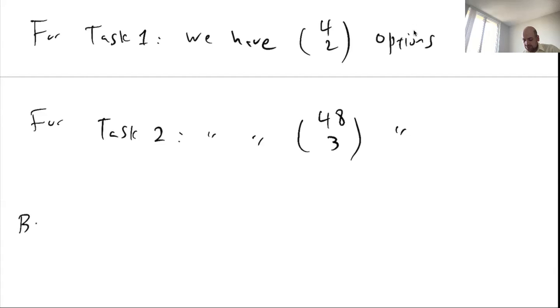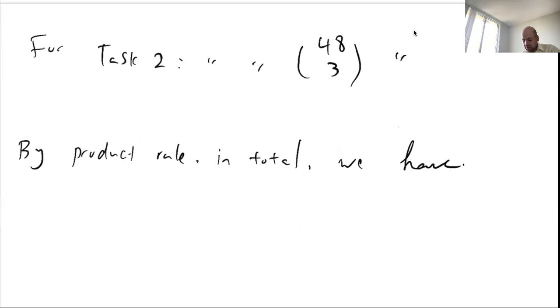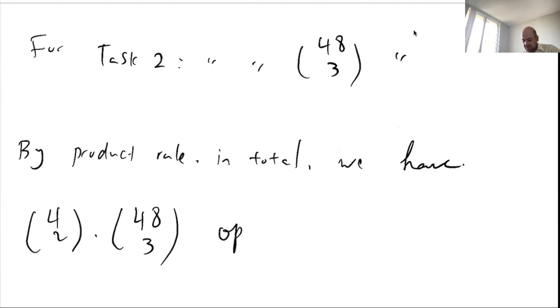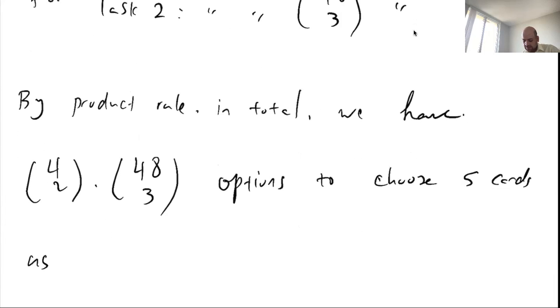So by product rule, in total we have 4 choose 2 times 48 choose 3 options to choose 5 cards as described.